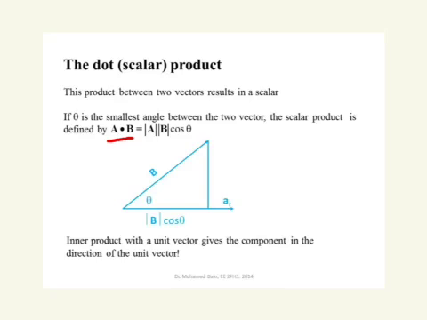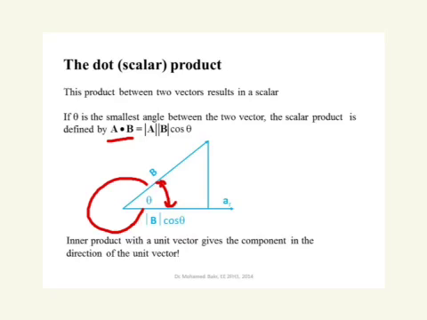Remember, any two vectors will have two angles. The angle theta, which is a small angle between them, and another angle which is 360 minus theta. Of course, when we do the dot product, we imagine that the two vectors are starting from the same point. This is how you should imagine this product.